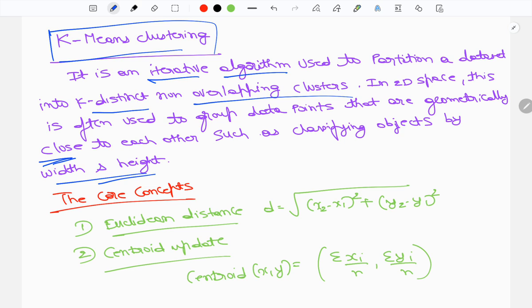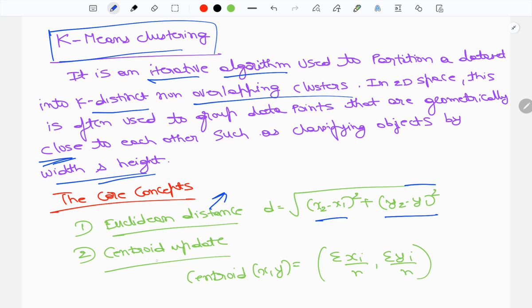The two main concepts involved in k-means clustering are, first, the Euclidean distance, which is calculated by d equals square root of (x2 minus x1) whole square plus (y2 minus y1) whole square, where (x1, y1) and (x2, y2) are the two different data points.